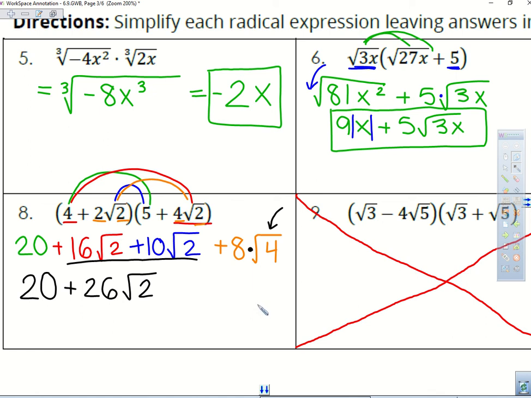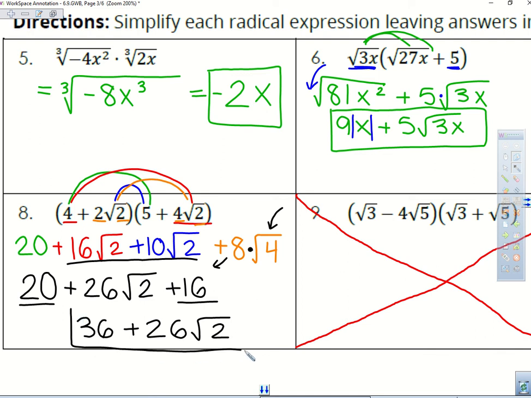What's 2 times 8? 16. Good. So this becomes 16. You see that? Now we have 2 more like terms to deal with. What's that going to come out to be? 36. And that's as far as you can go, because you treat radicals like variables when they can't be simplified. We can't add 2 terms that are not like terms.